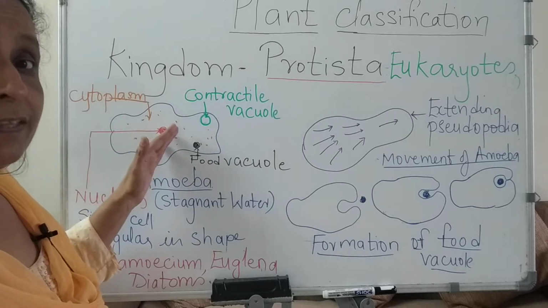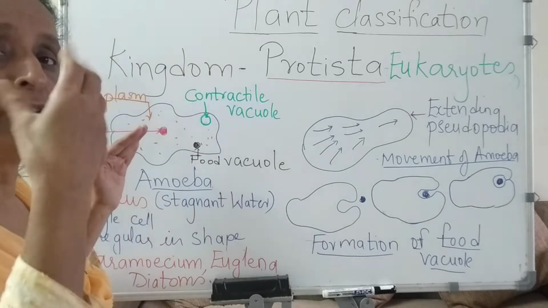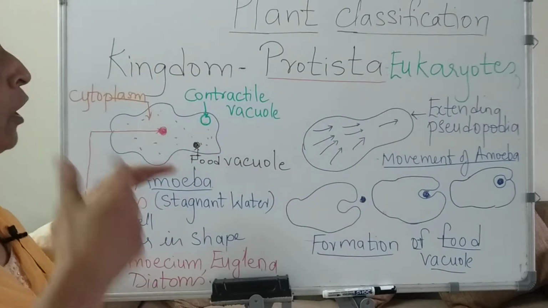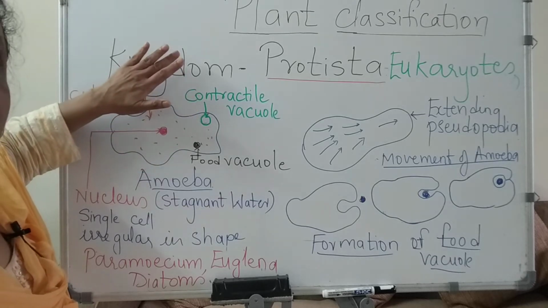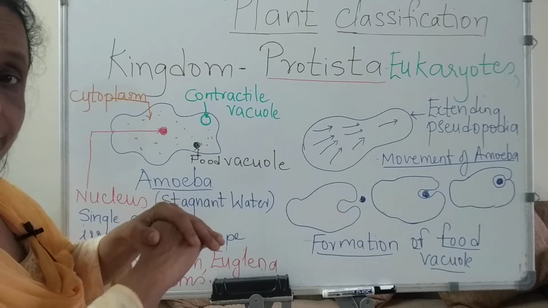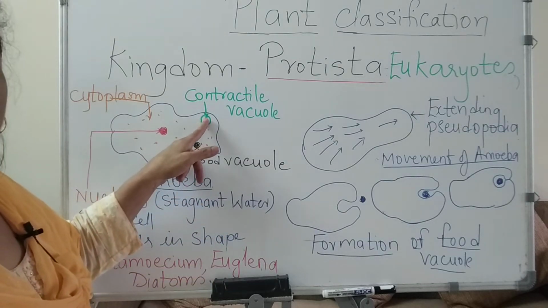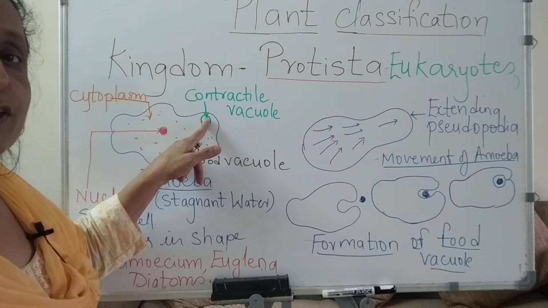Now, whenever the digestion takes place, it is going to produce some waste, nitrogenous waste. Now, this waste is either released through the cell membrane or the surface of the cell, or nitrogen is dissolved in the water which is present in the contractile vacuole.